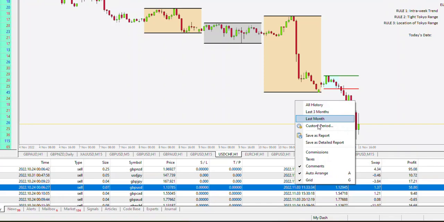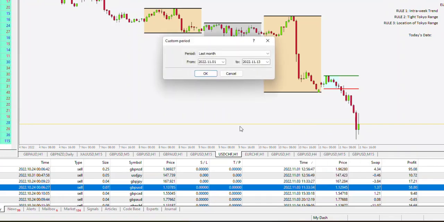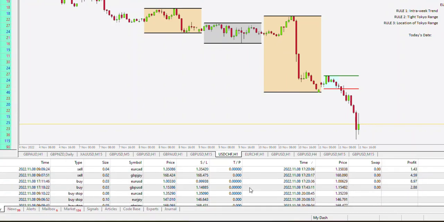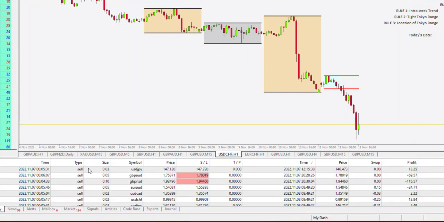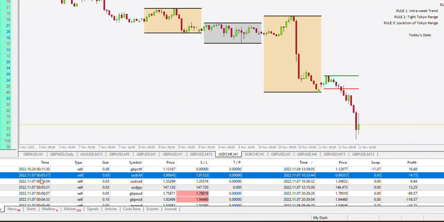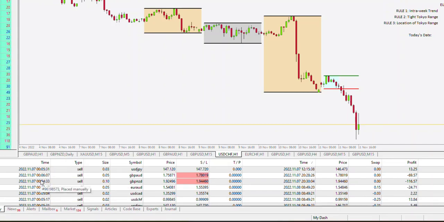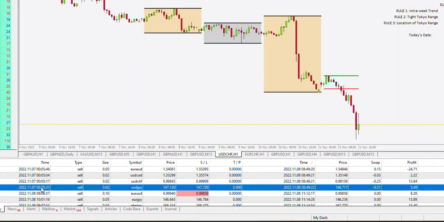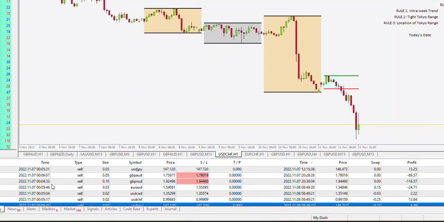But if we go back to custom, by the way, the beginning of this week was the 7th. If you look at these trades from the 7th, the start time was 0000, which is midnight on the 7th. Which means these were gap trades that we took on the 7th.